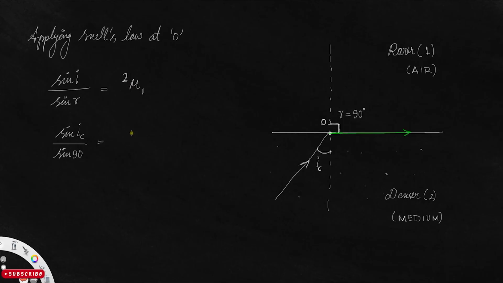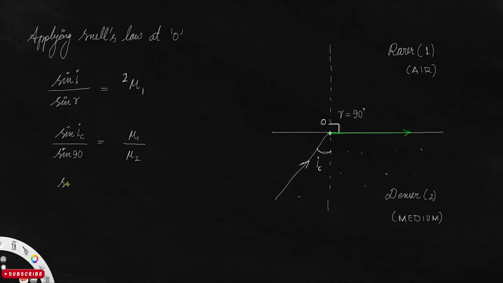So this can be written as mu1 by mu2, where mu1 stands for the absolute refractive index of the first medium and mu2 stands for the absolute refractive index of the second medium.